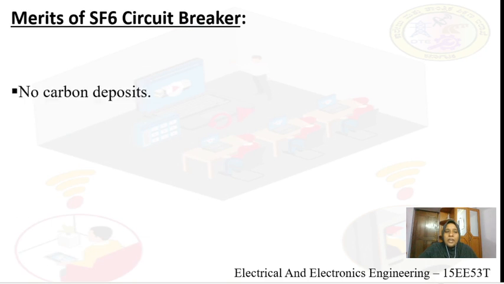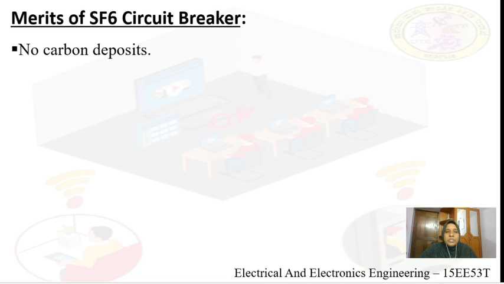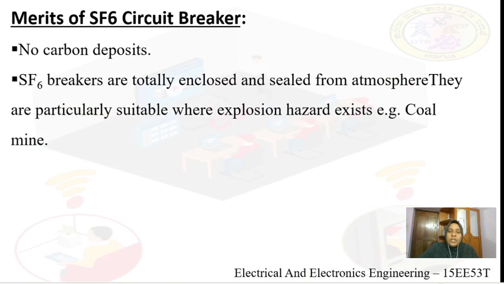Further merits are no carbon deposits. So what are these? We'll try to understand. When compared to an oil circuit breaker, there are more carbon deposits. When the fault occurs, the contacts will separate and the arc will come. So the medium between the contacts is what? There it is oil, here it is SF6 gas. In an oil circuit breaker, the oil around the contacts will burn because of the heat of the arc.